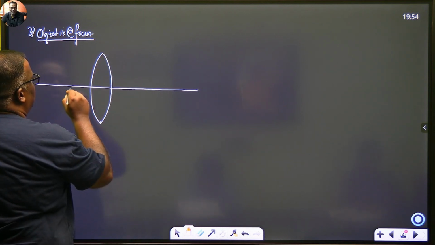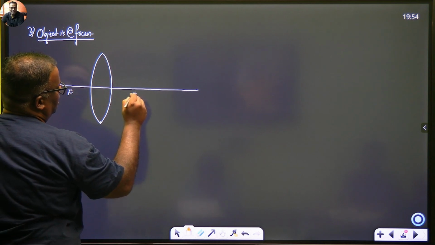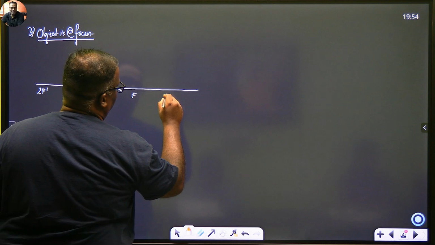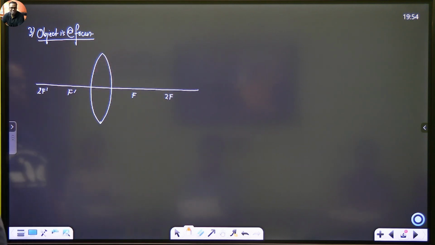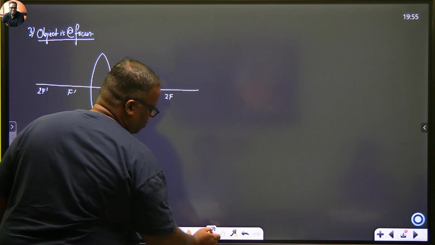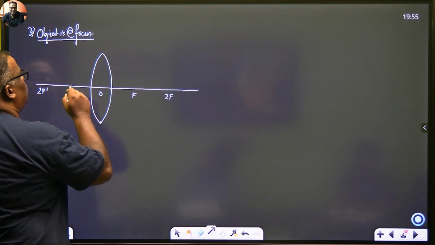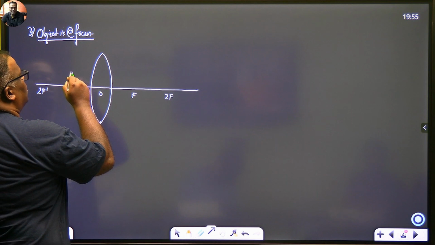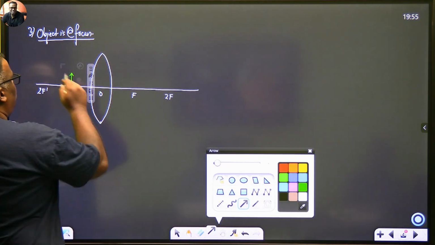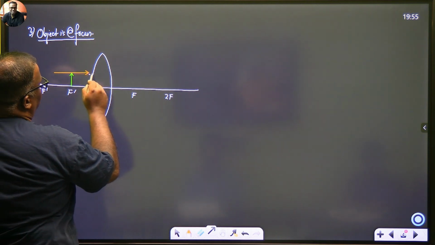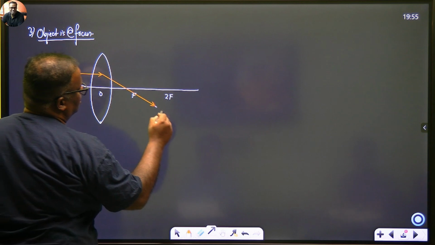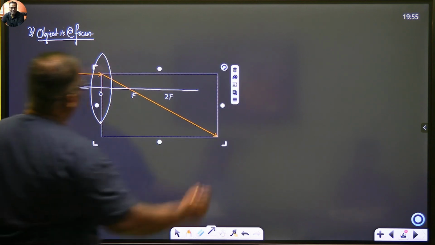So this is my F, F dash, 2F dash, 2F. Here, children? And this is my O, the optical center. The object is at focus. So let's go by our rule book. A ray of light parallel to the principal axis passes through the focus after refraction.